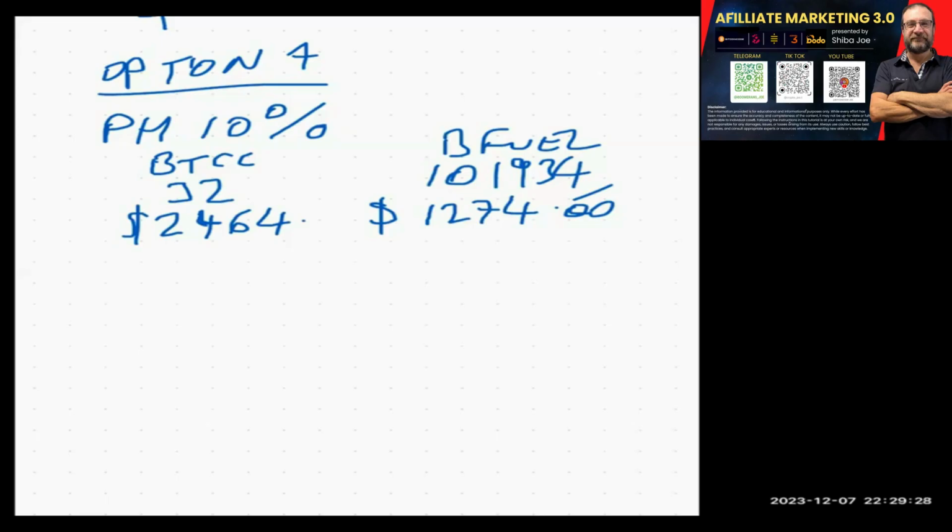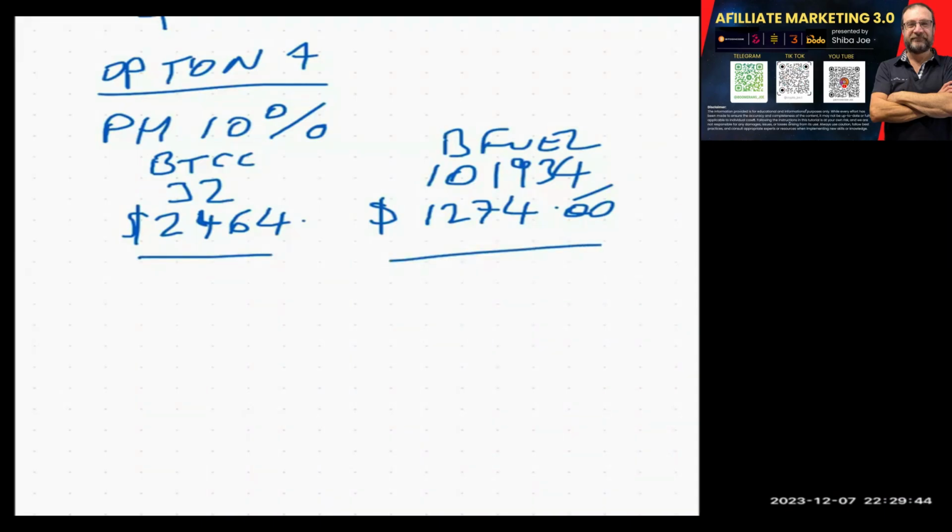So let's say I now go to harvest 10% of that. If I'm going to harvest 10% of my Bfuel, which is 10193.4, that's 10% of my Bfuel. If I'm not looking for a set amount, I'm just looking to harvest 10% of my Bfuel, I can work out 10193.4 times 0.0125.